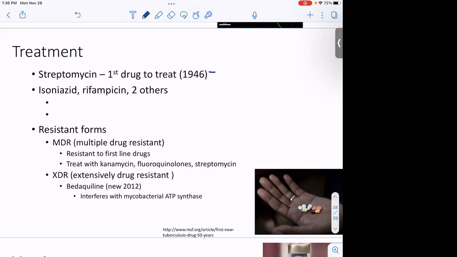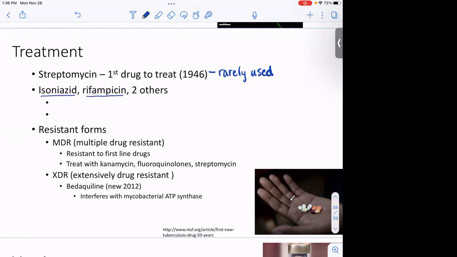Essentially, this is rarely used today because most strains of Mycobacterium tuberculosis are resistant to it. So luckily, we don't have to rely on that. For just our kind of garden variety tuberculosis that's not considered highly resistant, we almost always use a cocktail of 4 different drugs.